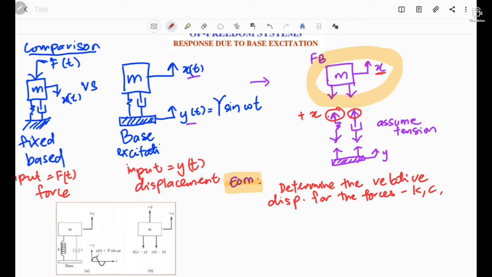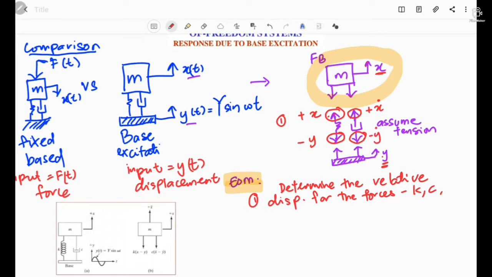So then you get positive x dot because this is the damper. Then this side is owned by y. You can see that it goes down, so it's opposite, so you get negative y. This one as well, you compare with y, so you get negative y dot.